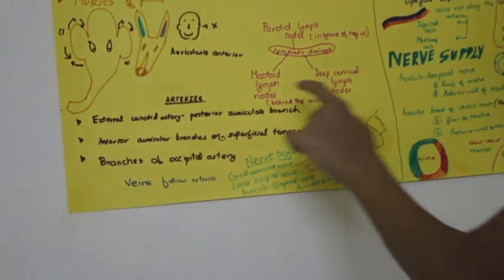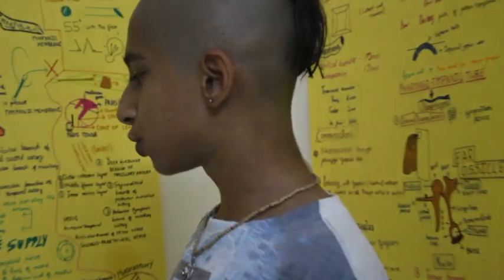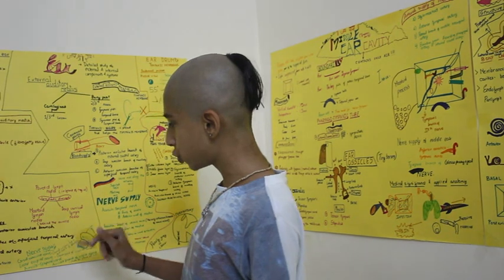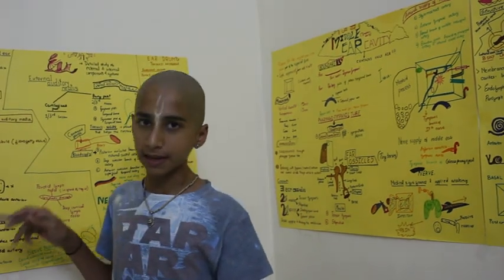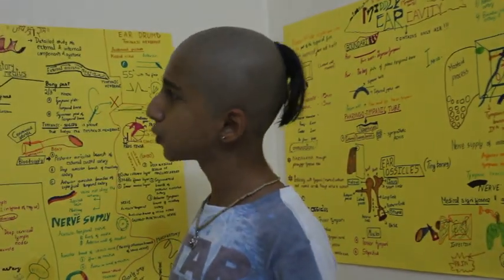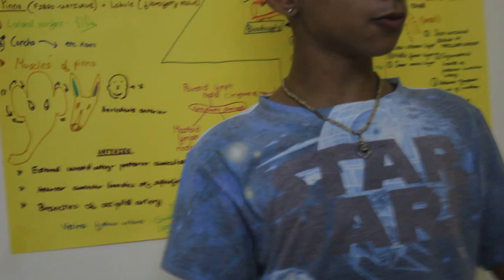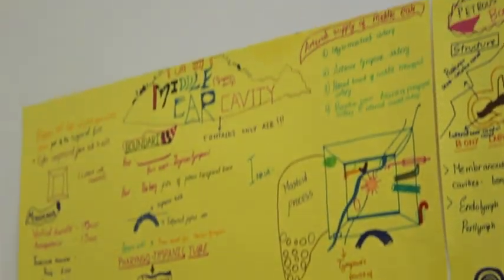Its posterior auricular branch supplies the pinna, and the anterior auricular branch of the superficial temporal artery is also supplying the pinna, and the branches of the occipital artery also supply the pinna. Veins follow the arteries almost throughout the ear till the middle ear cavity. The veins keep following the arteries and drain them from there.